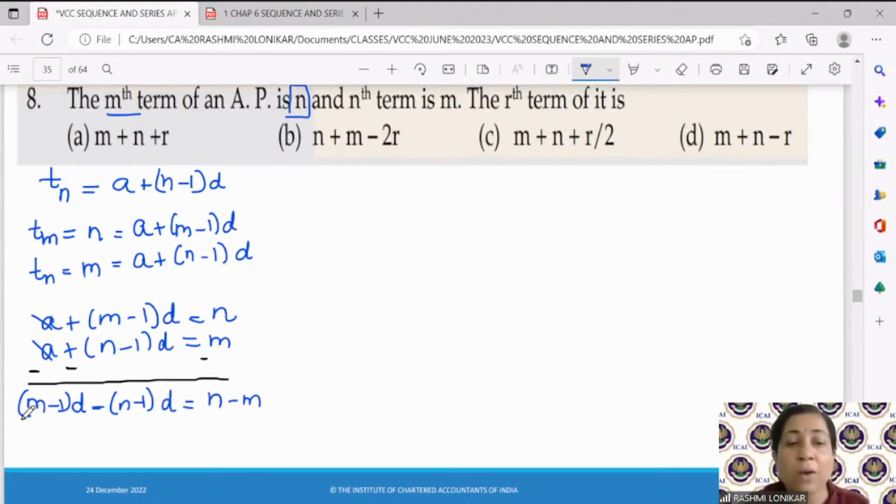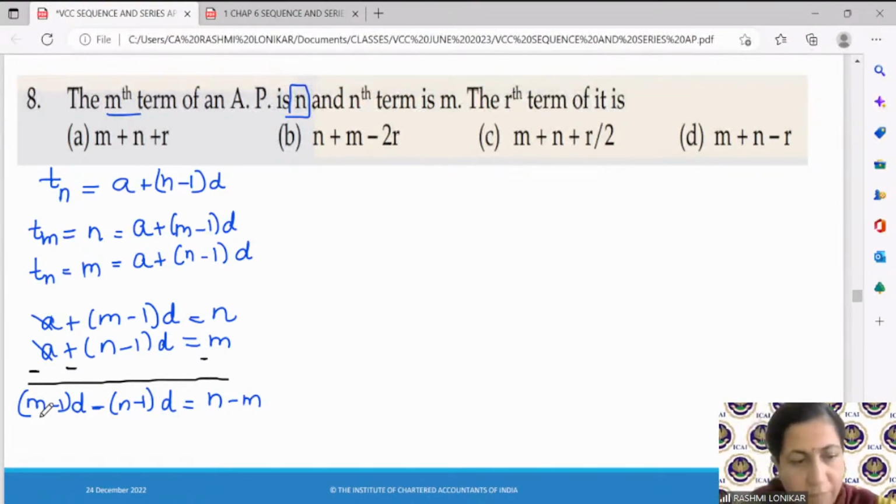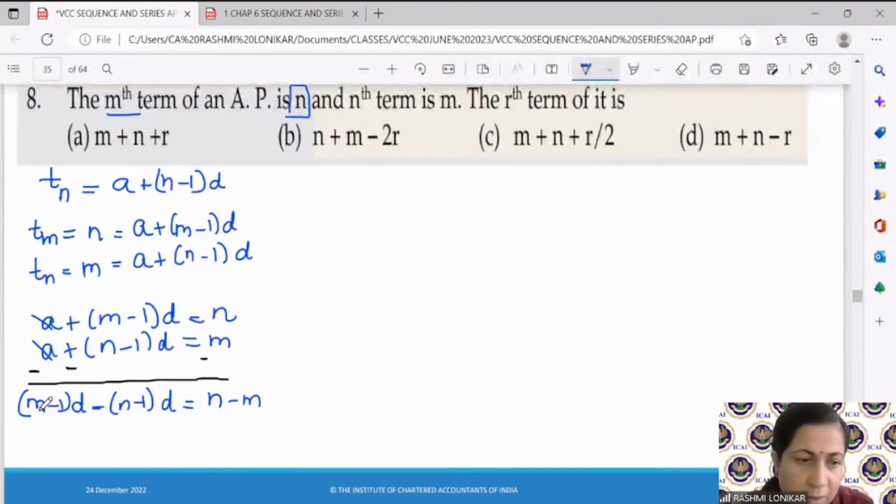Now I expand this bracket on the left hand side. m into d is md, minus 1 into d is minus d. Now d into n is nd, but with a minus sign, minus nd.